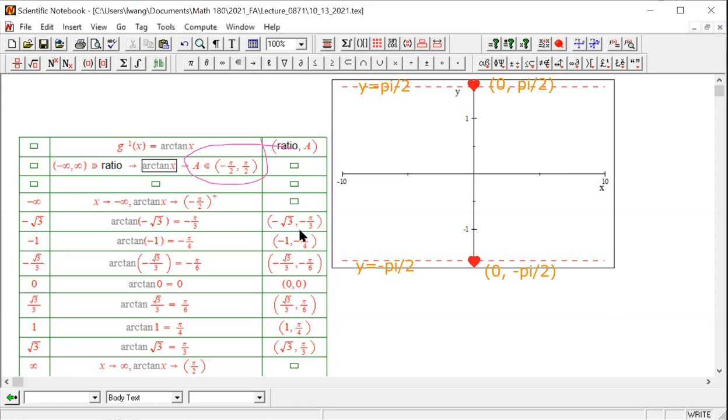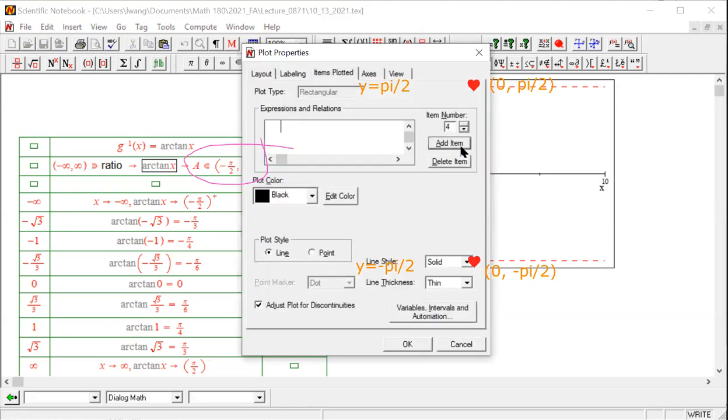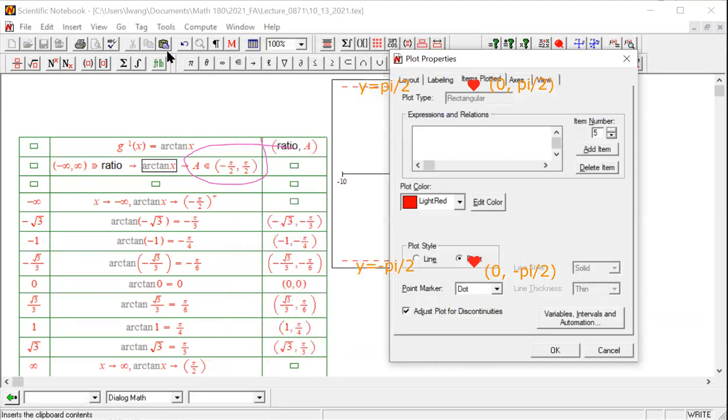We're going to plot 1, 2, 3, 4, 5, 6, 7 points, starting from that point. So I'm plotting these points. I'm going to make them red. Another point. You guys do the same. We plot one at a time.